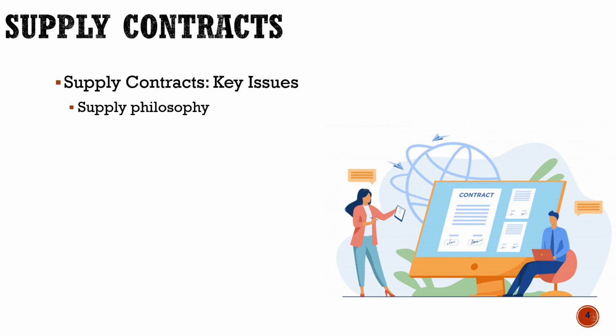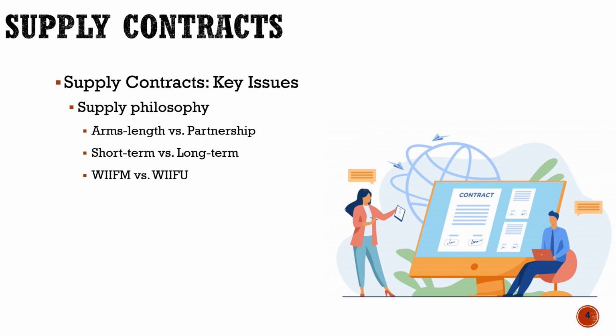Therefore, there are several elements that determine the organization's supply philosophy and thus enable the organization to select a proper contract. For example, are we trying to enter a long-term partnership, or is it just based on an arm's length relationship? Spot market. Is it long-term or short-term? We need to determine what is it for me versus what is it for you.